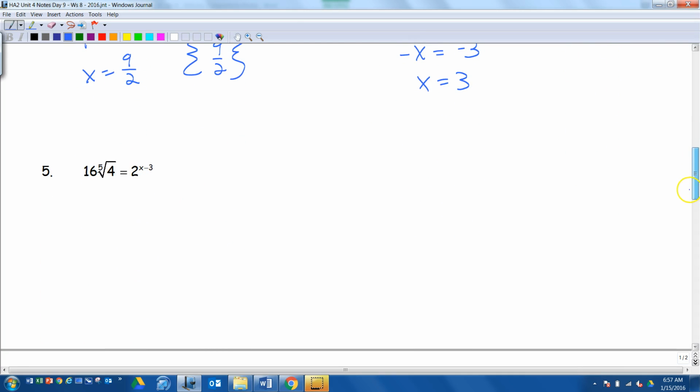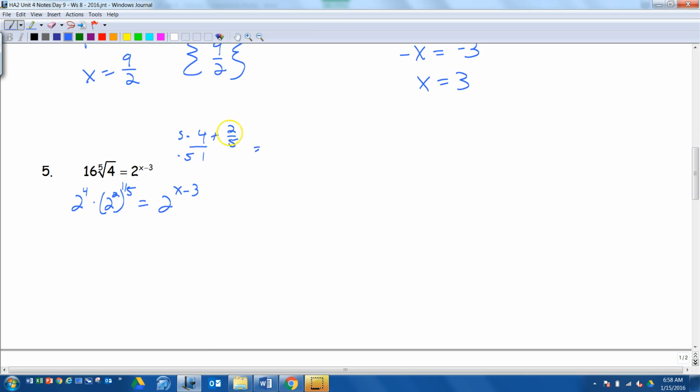And then finally, this one is a little trickier. We need to get a common base. Well, we have a lot going on here, so we need to make everything 2's on this side. 16 is 2 to the 4th times, this is 2 squared, and then that means it's to the 1/5. Okay, so we have 2 to the 2/5 and 4. You have to add those fractions together. So 4 plus 2/5. So that's times 5 times 5.